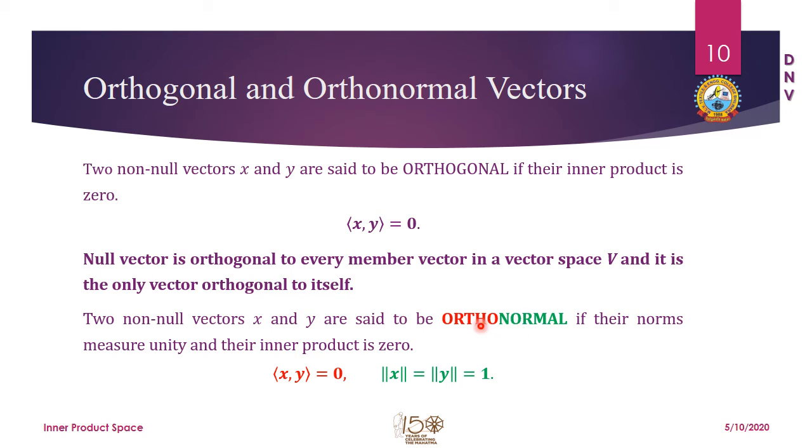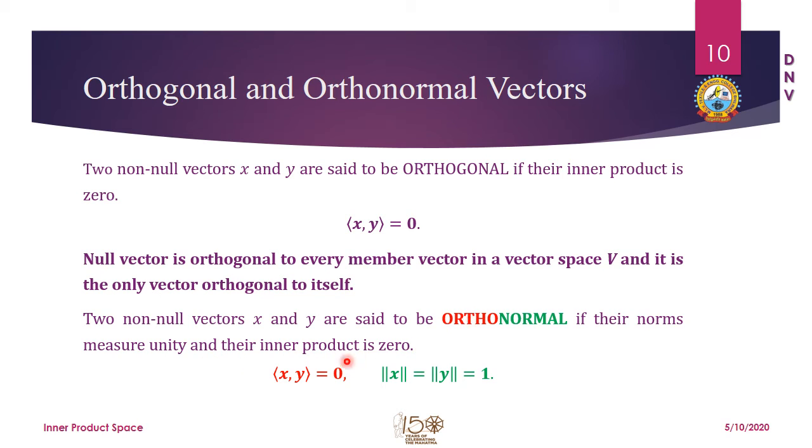Next we take two non-null vectors x and y which are said to be orthonormal. The word orthonormal is derived from two words, orthogonal and normalized. Ortho is for perpendicular vectors, and normal means vectors having unit length or unit norm. So when there is a combination of orthogonality and normality, we call those vectors orthonormal. These two vectors are called orthonormal if their norms are unity and their inner product is 0.